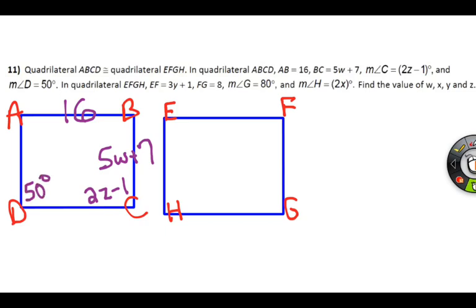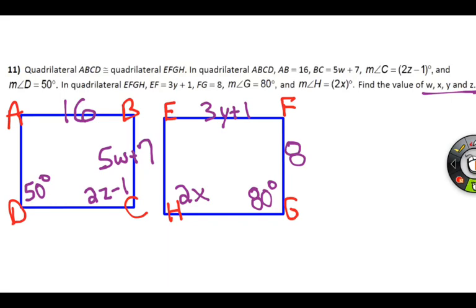And then in quadrilateral EFGH, EF is 3Y plus 1. FG is listed as 8. Angle G is listed as 80. And then angle H is listed as 2x. Alright. Find the values of W, x, y, and z.